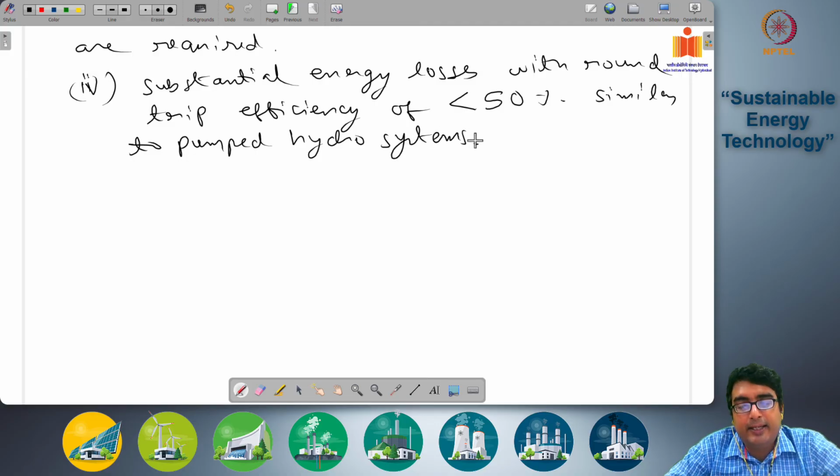Okay. There are losses associated with compression, associated with transmission of air into the cavern, then moving the air back out of the cavern. So all of this has significant round trip efficiency losses.